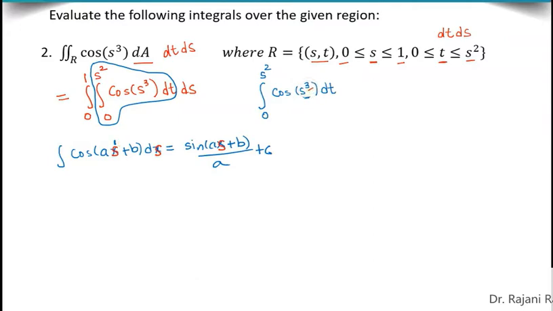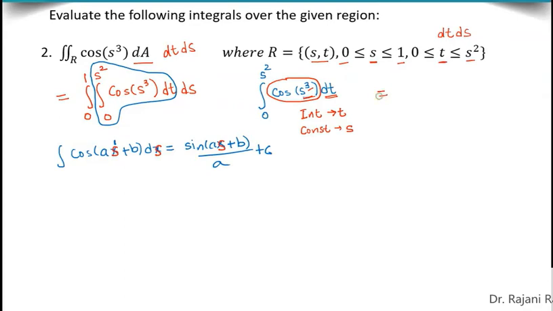Still, you don't need to worry, because if you remember the rule of integration, when we are working with two variables and integrating with respect to variable t due to dt, the other variable, which is s in this case, will be constant. So basically this entire term is constant.